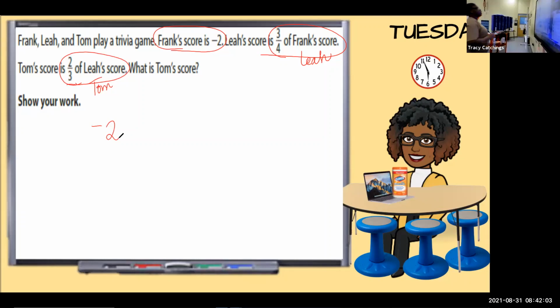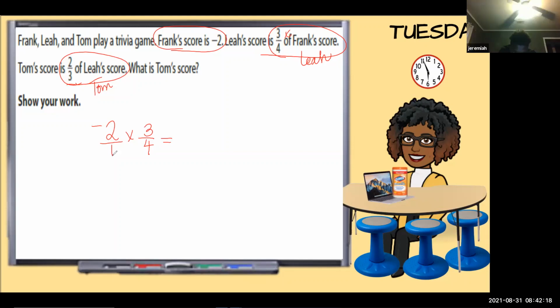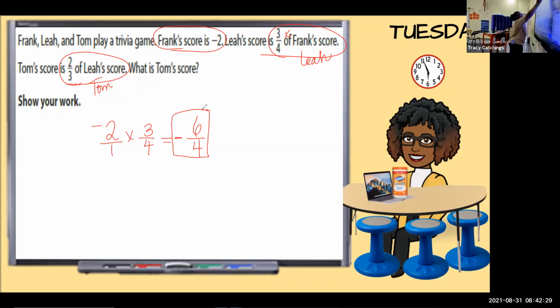They said Leah is 3/4 of Frank, of the key word that means multiplication. 2 is a whole number, put it over 1. Somebody help us to multiply it out. 6/4. Positive or negative? Negative. We're gonna leave it as a fraction for now.